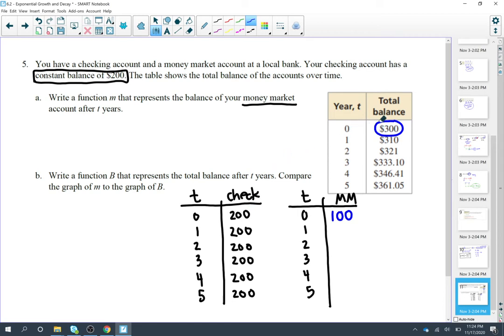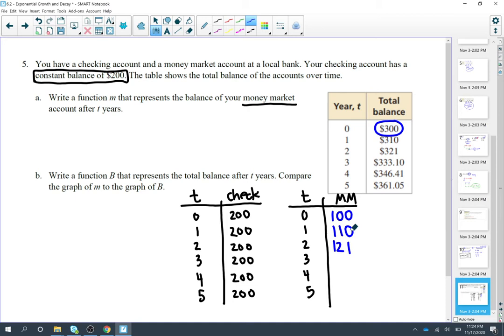The other way to figure that out is 300 minus 200 is 100. If we move on to year 1 and I have a total of 310, that means 200 plus 110 makes 310. For year 2, I take 321 minus 200 that's in the checking, which is 121.